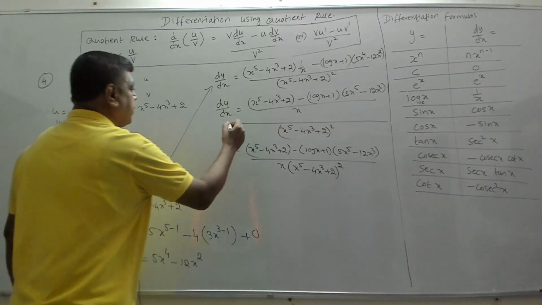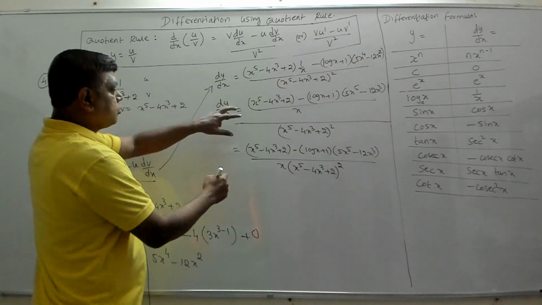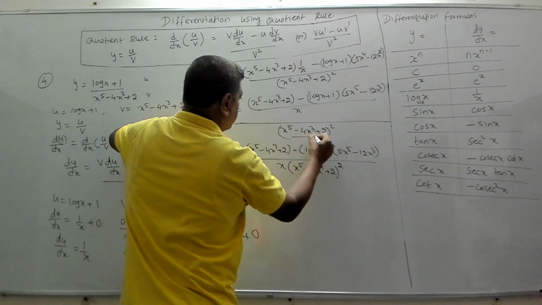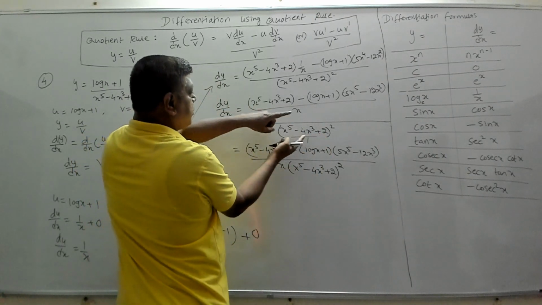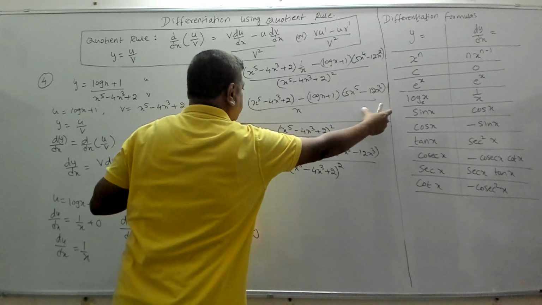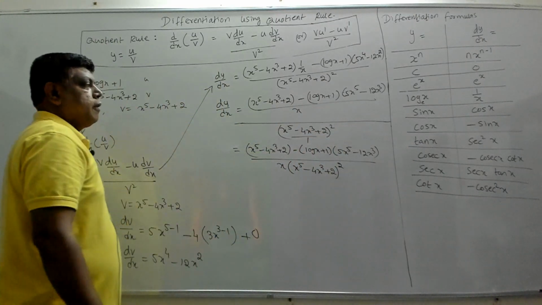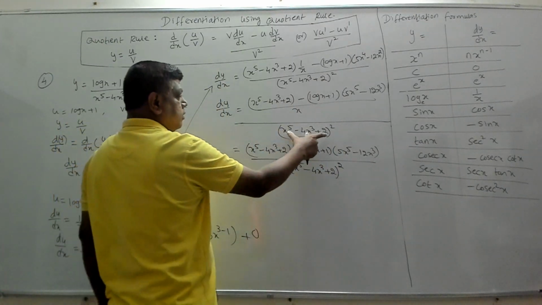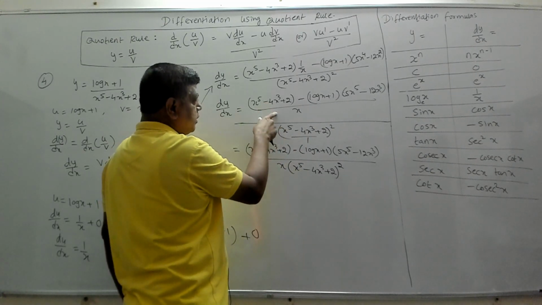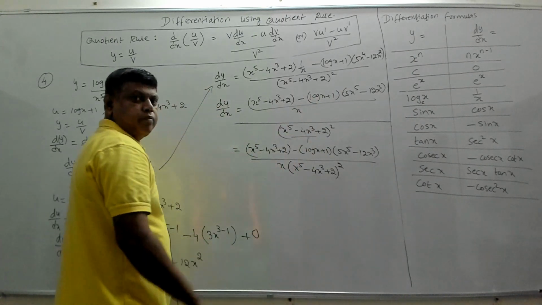Fine, so this is a longer division. This is a fraction, this is a fraction. I'm doing a fraction division, so the numerator is a fraction and the denominator is also a fraction, which means we put the reciprocal, 1 by x into 1 by x power 5 minus 4x cube plus 2 the whole square, and that will become this.